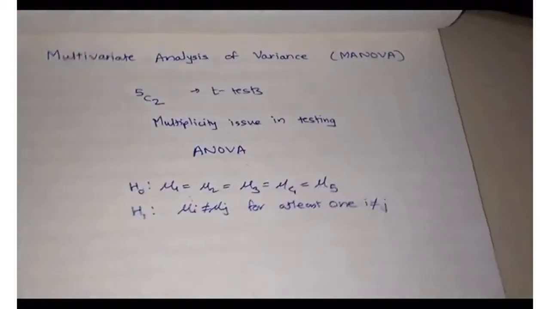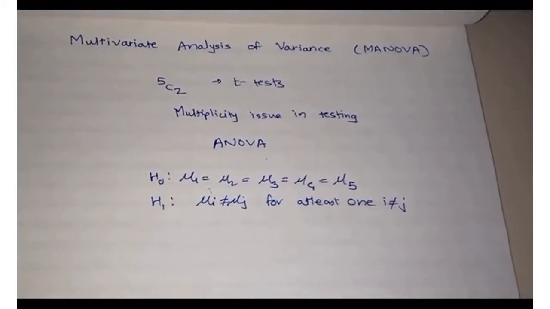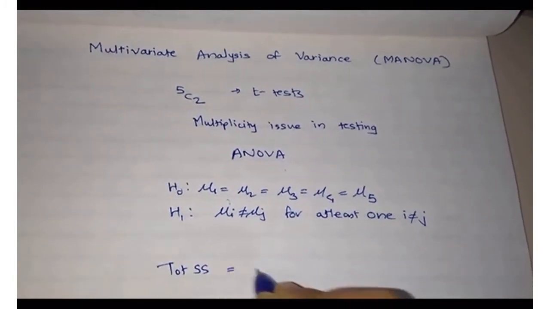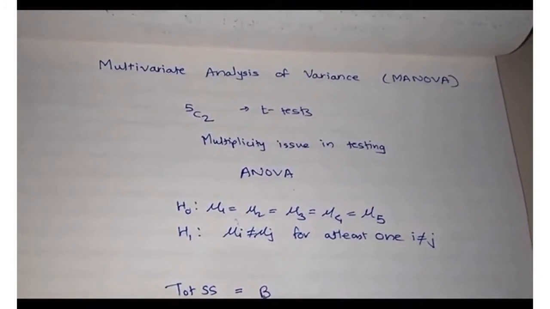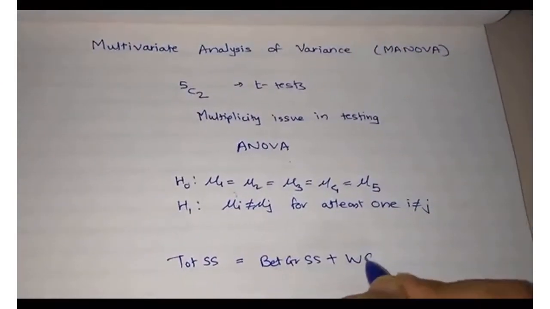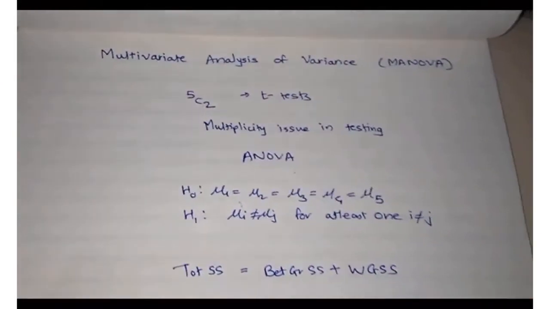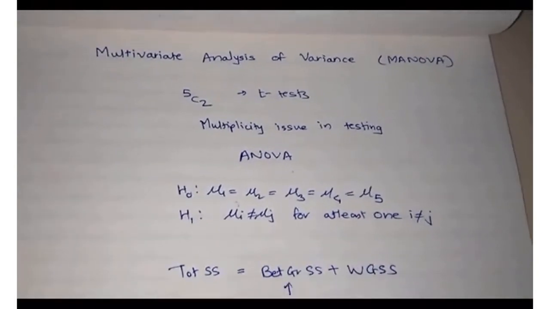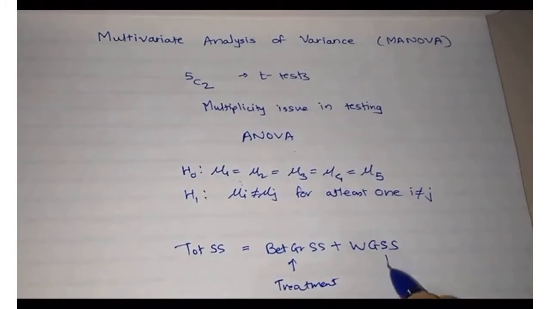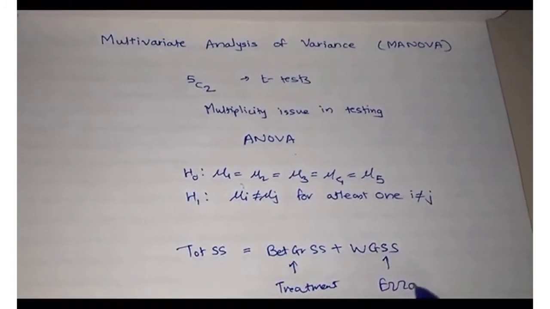So what we know is, how is ANOVA performed? You try to break down the total sum of squares into two parts, between group sum of squares and within group sum of squares. Between group sum of squares you call, say, the treatment effect, and within group sum of squares you call the error effect.